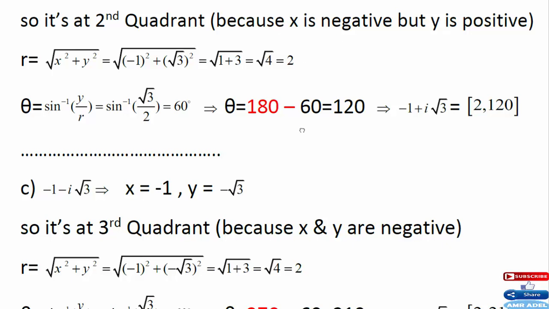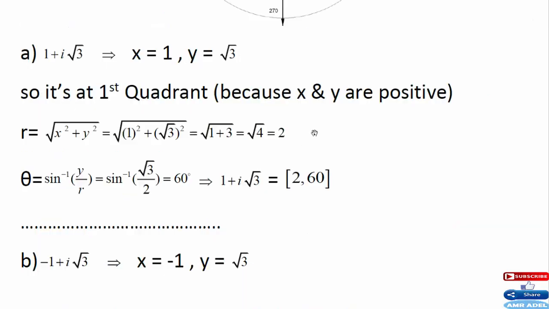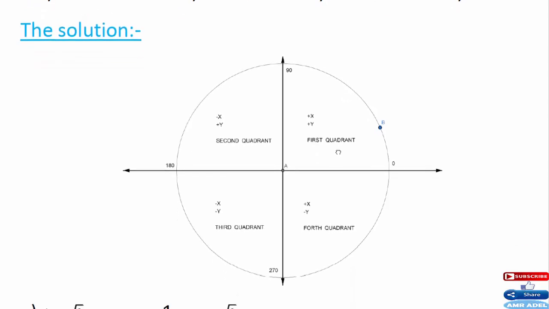Let's focus on this shape. When x is negative, it means left side. When y is positive, it means up. So left and up means the second quadrant.